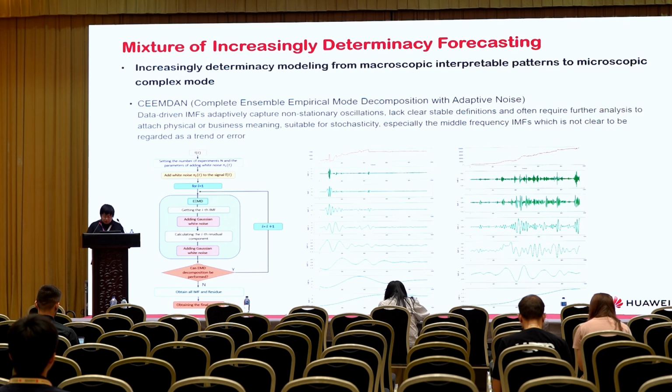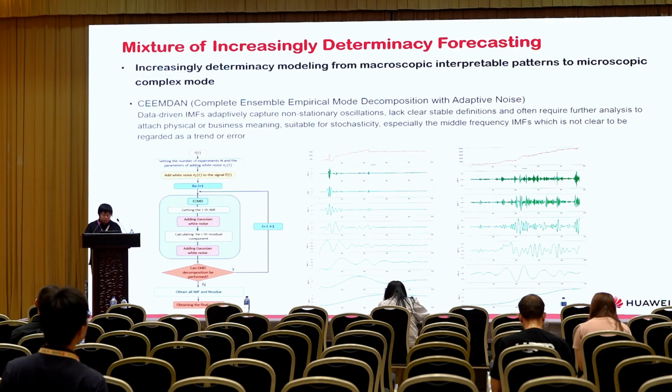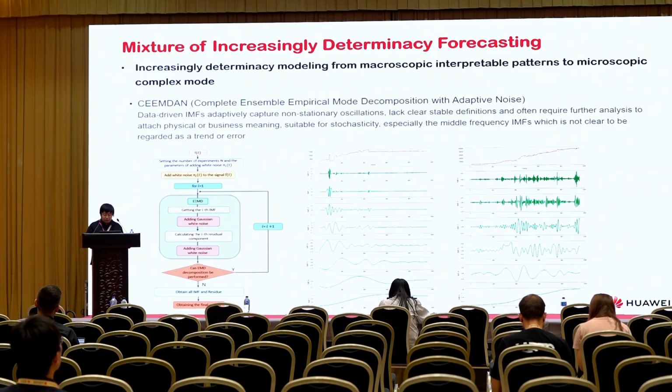This interpretational uncertainty is particularly pronounced in applications involving financial markets, climate data, or biological signals, where the boundaries between signal and noise are inherently blurred. Consequently, post-processing techniques such as statistical significance testing, correlation analysis with known variables, or energy-based thresholding are often required to properly classify these middle frequency intrinsic mode functions and assign them operational meaning.